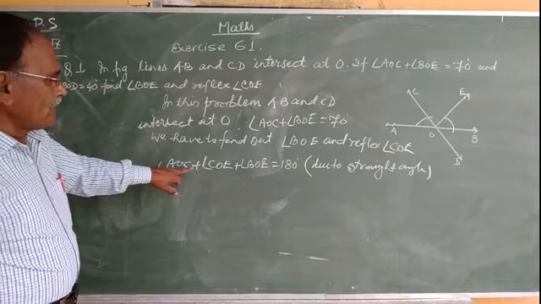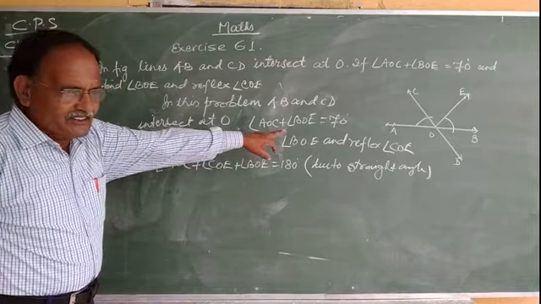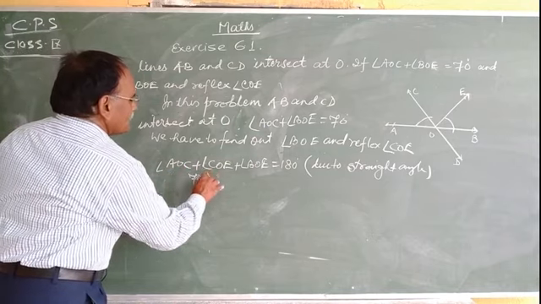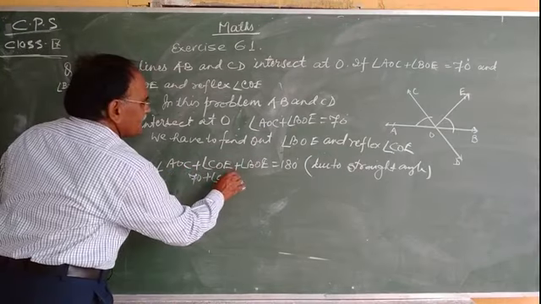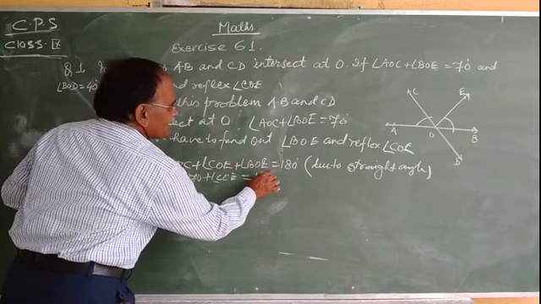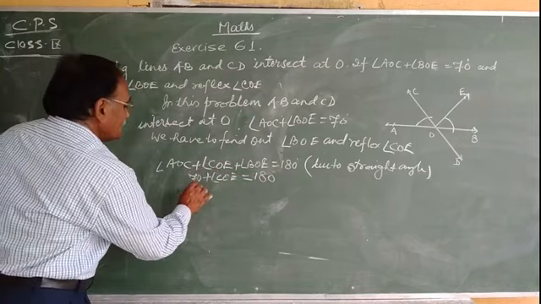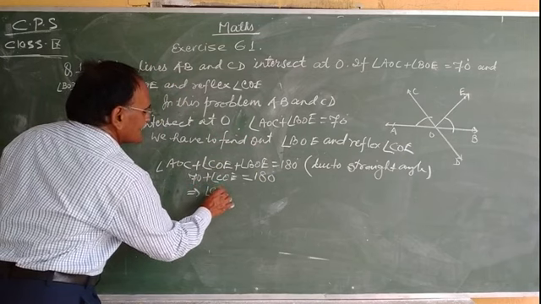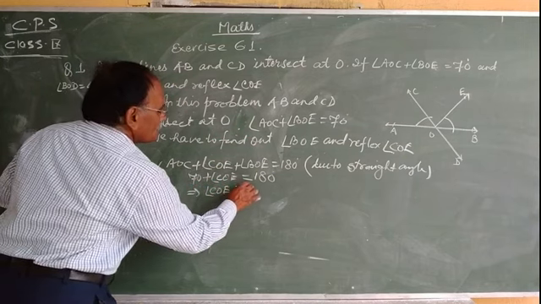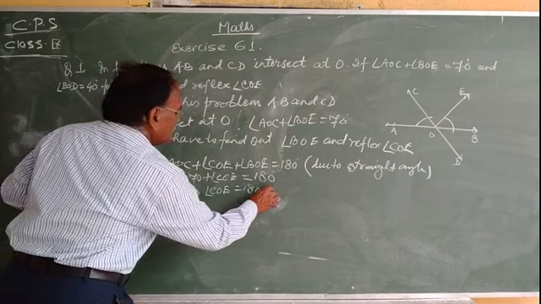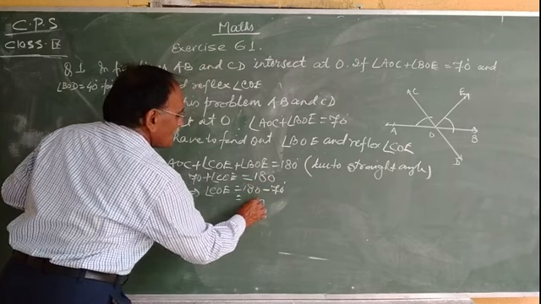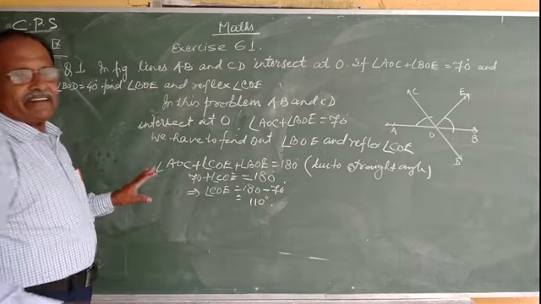AOC plus BOE is equal to 70 degrees, so 70 degrees plus angle COE is equal to 180 degrees. This implies angle COE is equal to 180 minus 70, that is 110 degrees.